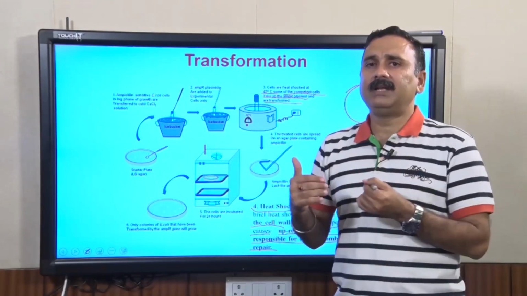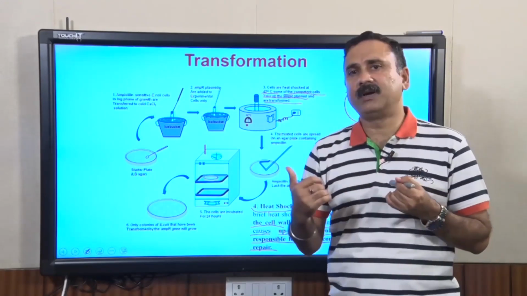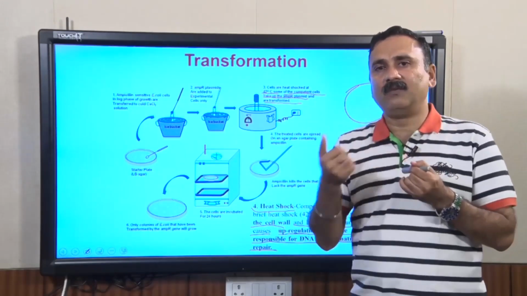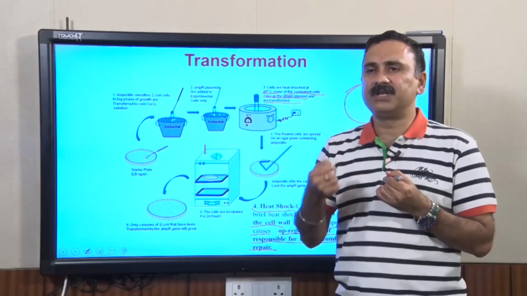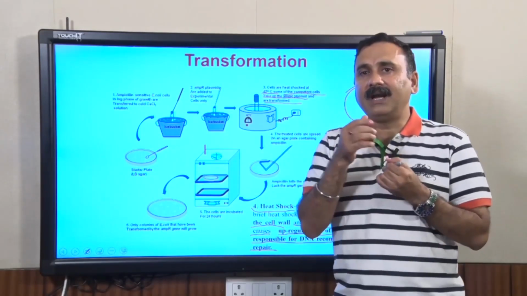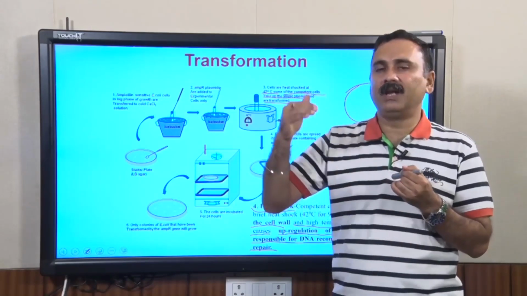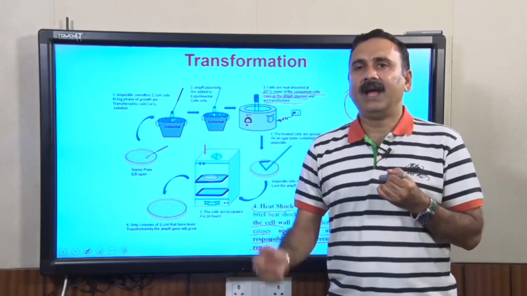On the other hand, heat shock is giving some kind of stress, and this stress is always associated with downstream signaling processes that upregulate many factors to take care of it.